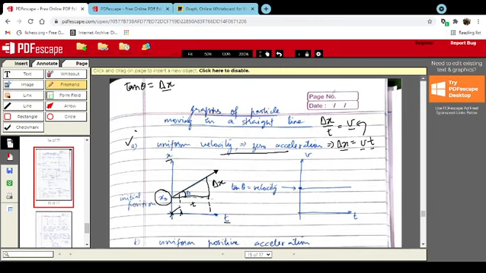So this is what we are trying to focus on. The position-time graph for a particle which is moving at constant velocity would simply be a straight line which extends up till the end of the motion of the particle, and it has some slope with the horizontal axis.